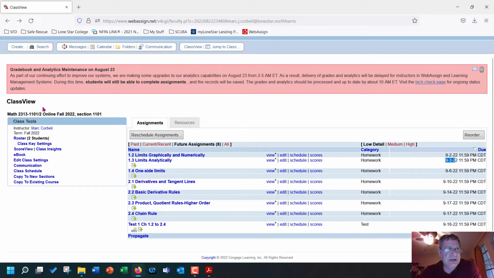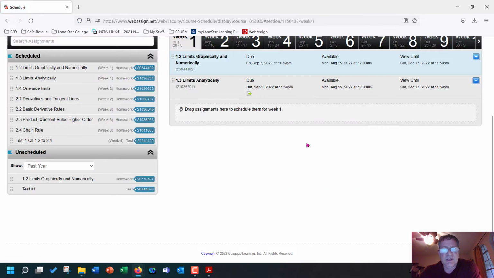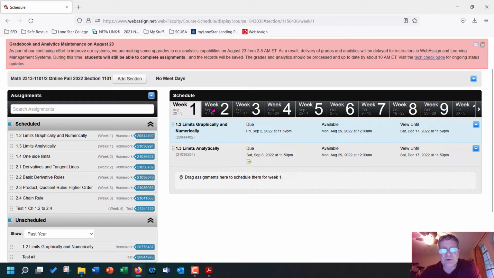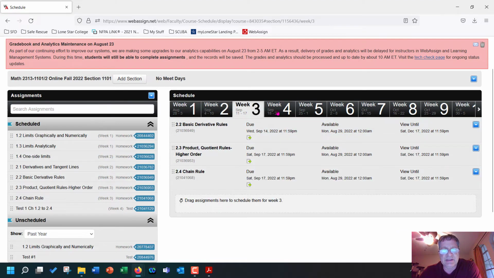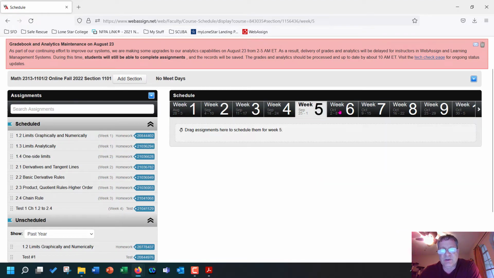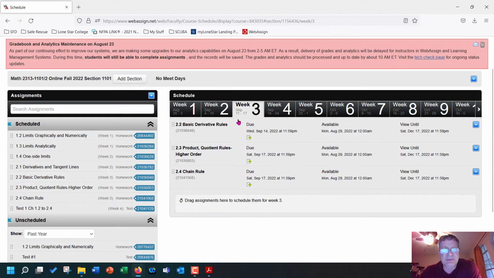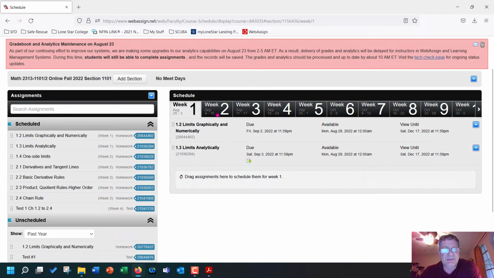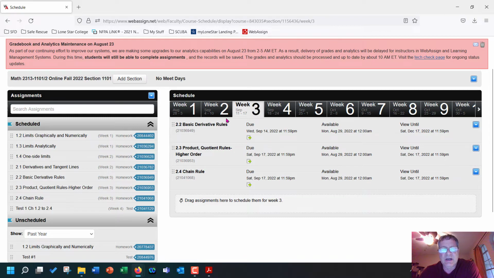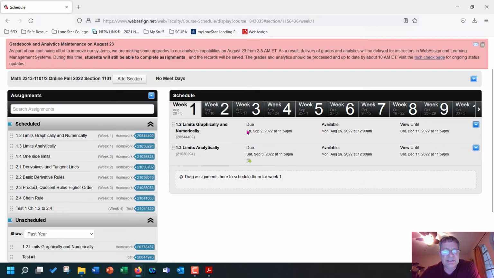When you see the kind of assignments, let's go back to the schedule. The scheduled assignments are each week. Roughly, you'll see 2 assignments like this, and they'll be scheduled. I've only put up the first 3 weeks of assignments right now, but that'll be populating as I repopulate this course and reset it for the fall.